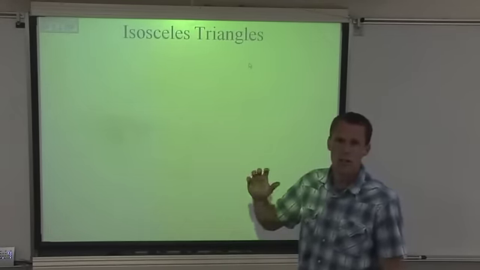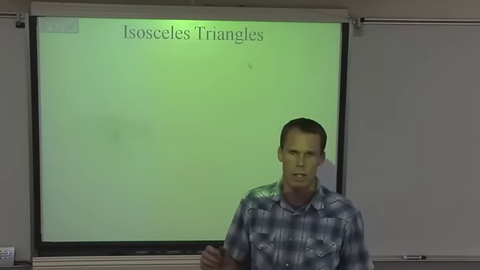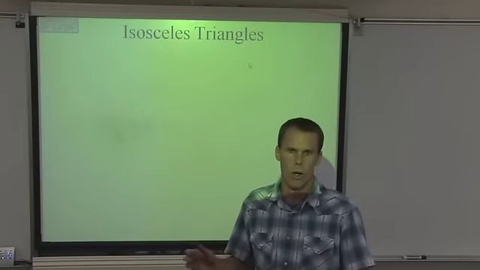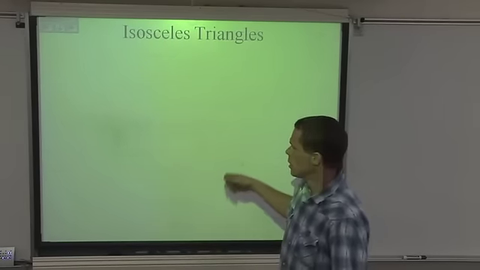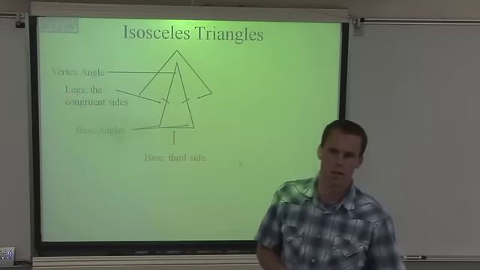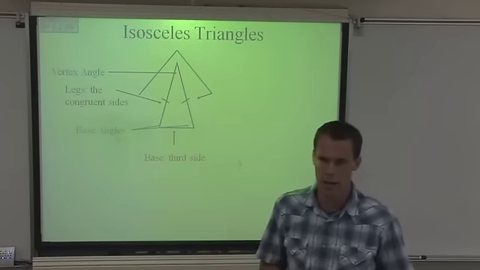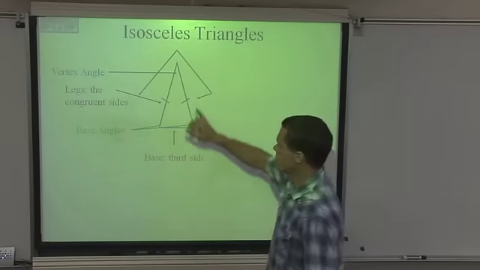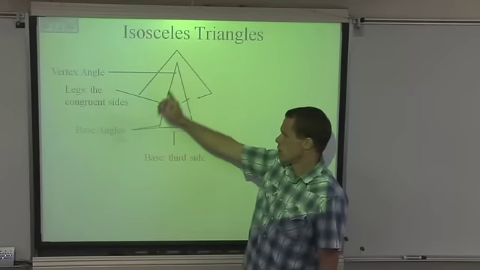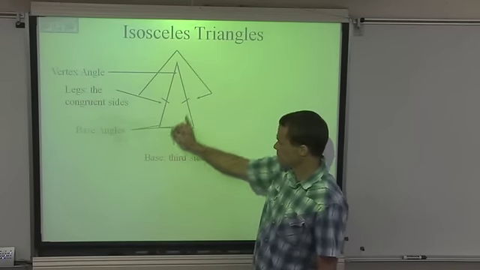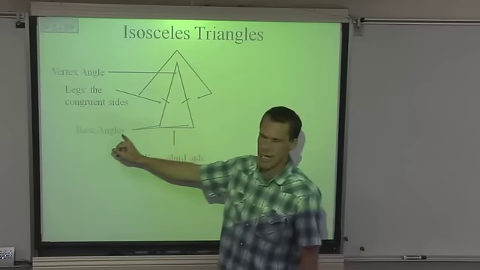Isosceles triangles. First of all, we've defined an isosceles triangle as having two or more congruent sides. From here, we want to define the parts of an isosceles triangle. So, we have a vertex angle, we have the two legs, the base, and the base angles.